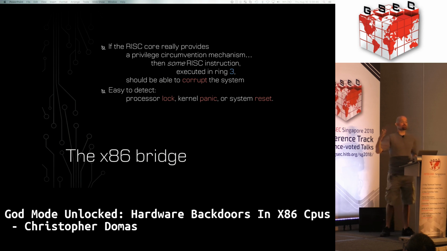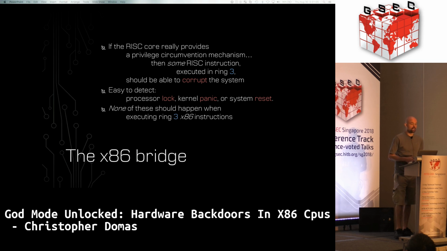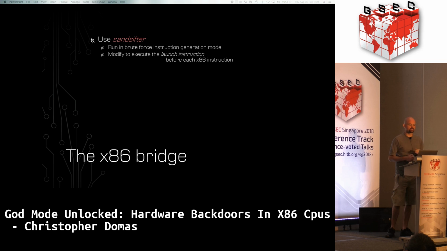But if we can circumvent those privileges and observe that behavior, then that means that we've found this RISC instruction. So this is actually really easy to detect. Basically, if we're executing instructions in ring 3 and we detect that the processor has locked or the kernel's panicked or the system has reset, then that means that we've found this bridge instruction. We've successfully executed an instruction on the RISC core to corrupt the system.